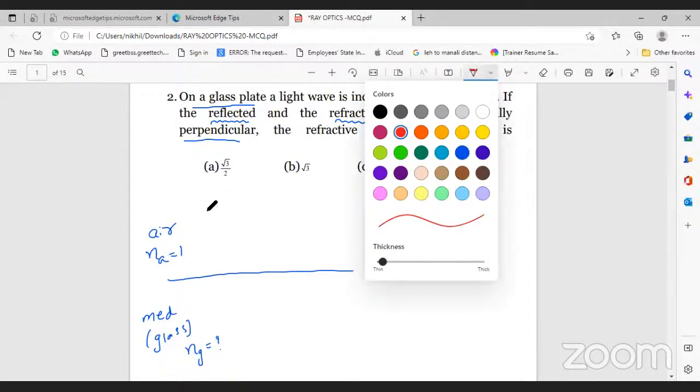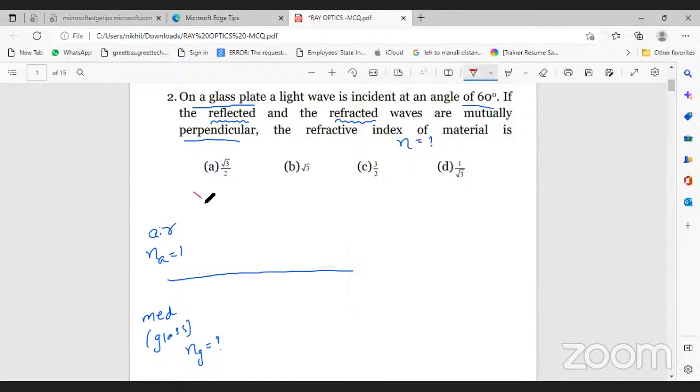Now, at what angle is the ray of light incident? This is the incident ray, right? It is incident at 60 degrees, sir. If I say this is the normal, what is this angle equal to? That's 60 degrees. So i is equal to 60 degrees.